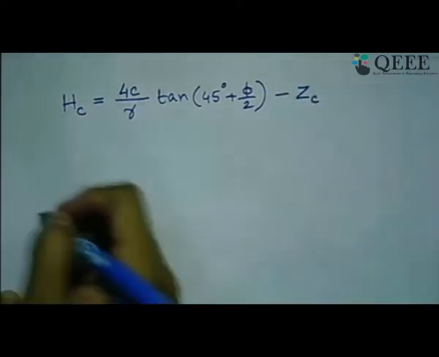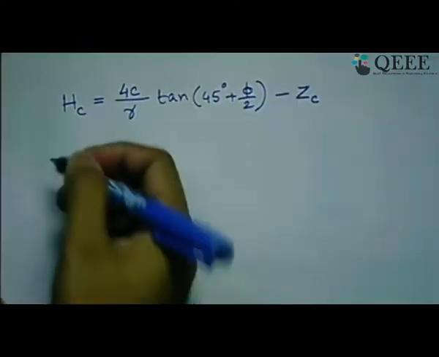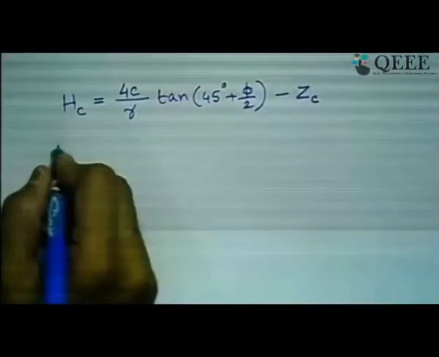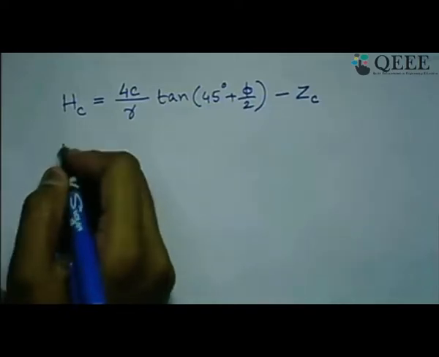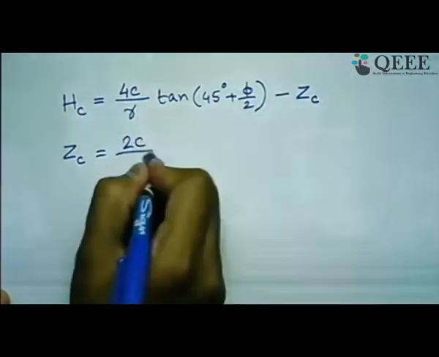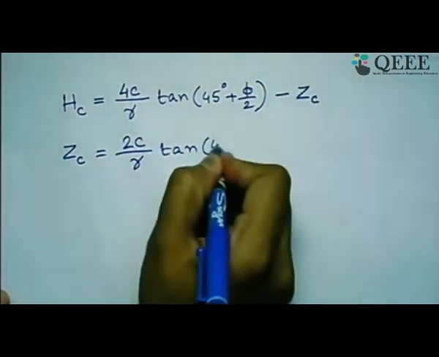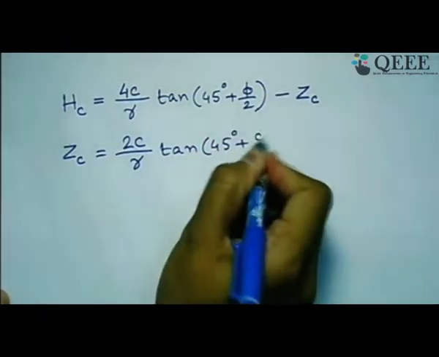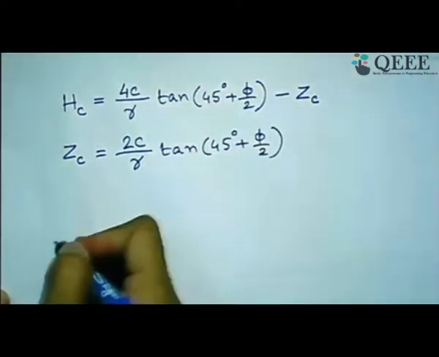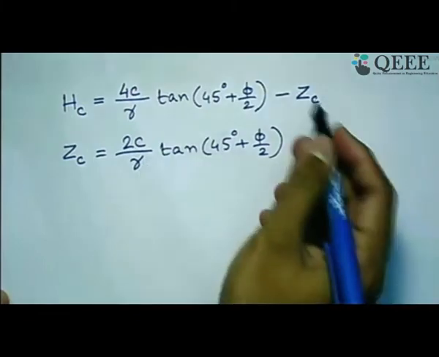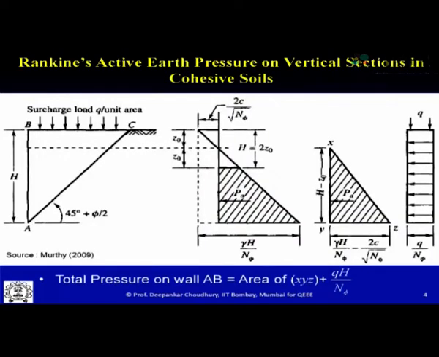Now as per Rankine theory, we got ZC equals 2C by gamma tan of (45 degrees plus phi by 2). That is as per Rankine's theory. So if we put this here, then Terzaghi's critical vertical height is 2C by gamma tan of (45 plus phi by 2).